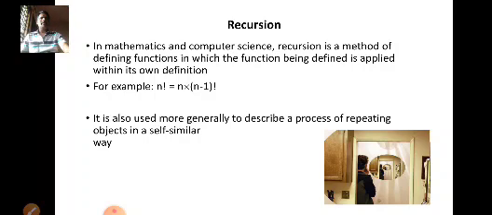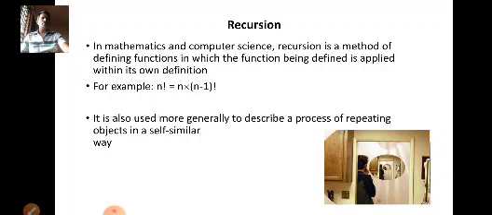In mathematics and computer science, recursion is a method of defining functions in which the function being defined is applied within its own definition. For example, to find the factorial of a given integer, we write the relation: n factorial is equal to n into (n minus 1) factorial.